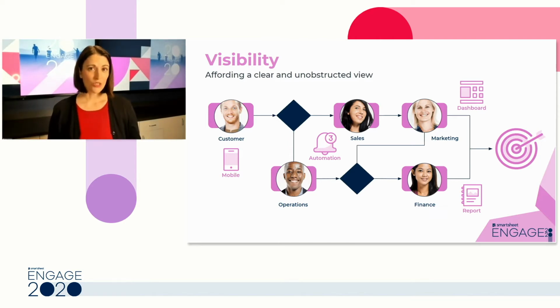And maybe my customer, again, doesn't need to be involved in all the parts of the process, but I may need an efficient way to collect information from that customer. So again, understanding my process, my goals, my roles, and my visibility then helps me determine which of my building blocks I need to put together my solution.